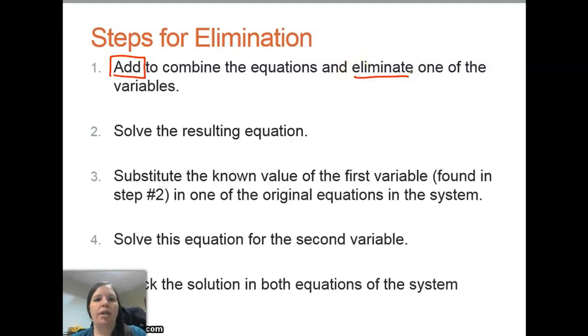You're going to solve the equation, then substitute back in to solve for the second variable. The elimination piece may seem a little tricky to begin with, but will end up being, I think, for most people, the easiest method of solving overall. And the last step, number 5, is to check your solutions.